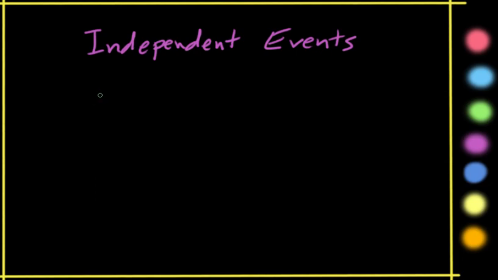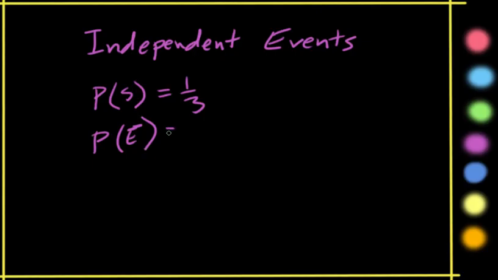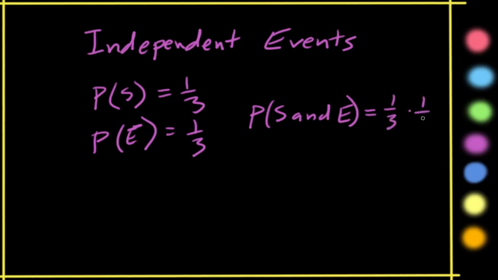So you would say the probability that Sam gets an A is 1/3, and the probability that Ellie gets an A is also 1/3. And if those events are independent, then the probability that Sam and Ellie both get an A would be the product of these two probabilities. So 1/3 times 1/3, which would be 1/9.